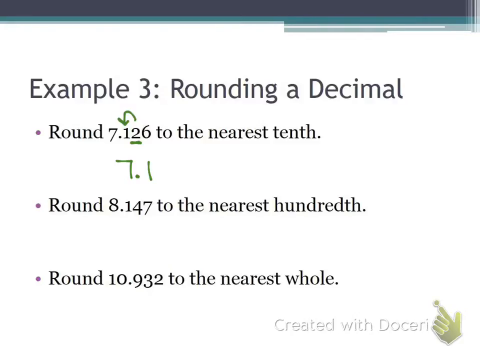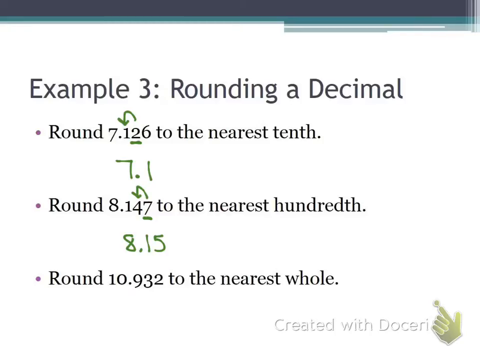So now if I'm rounding to the nearest hundredth, which place value do I need to look at? The thousandths place. Very good. And I have a 7 in the thousandths place, so what happens to my 4? Changes to a 5. I raise it to a 5. And last but not least, rounding to the nearest whole number. How would I round to a whole number?